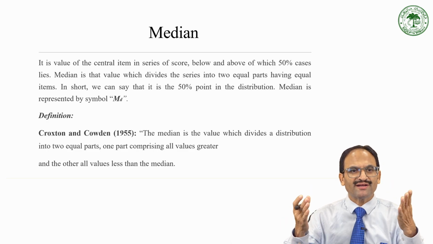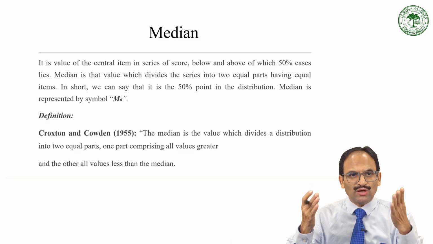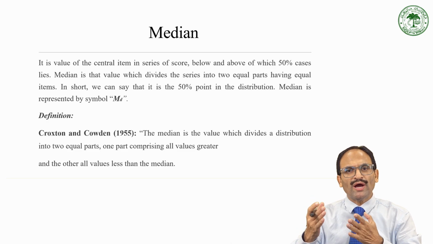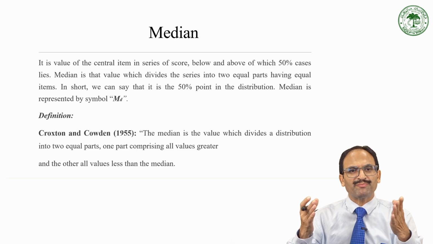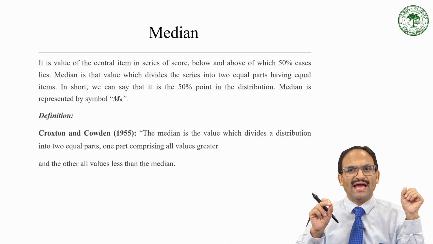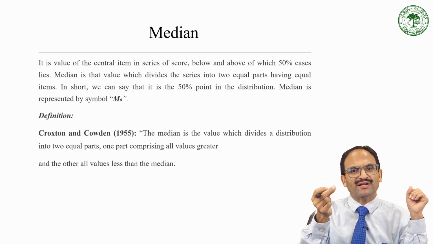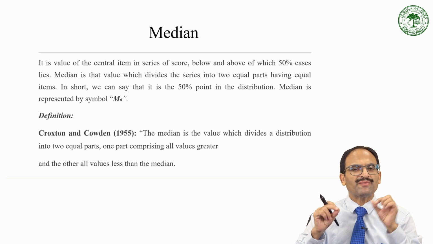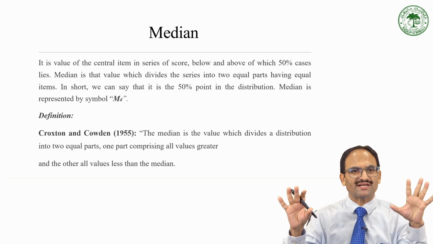If you see the slide, it is a value of the central item in a series of scores, below and above which 50% cases lie. So median basically is a point, and above that point 50% scores lie, and below that point 50% scores in that data set lie.